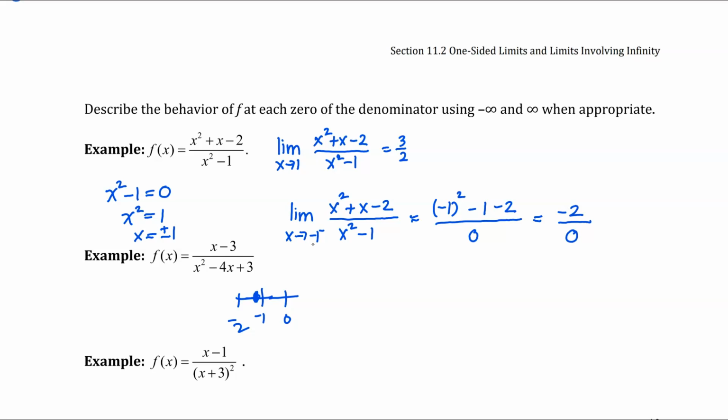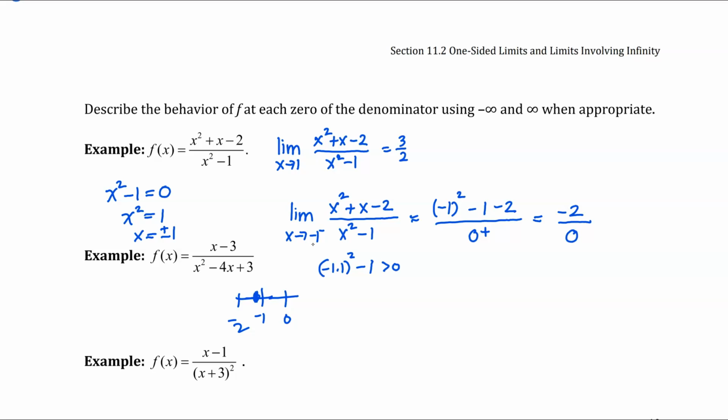So let's say, for instance, -1.1. Now, if you square -1.1 and subtract 1, the square of -1.1 is a value greater than 1, so minus 1 will be greater than 0. So that means the 0 here has a positive sign.